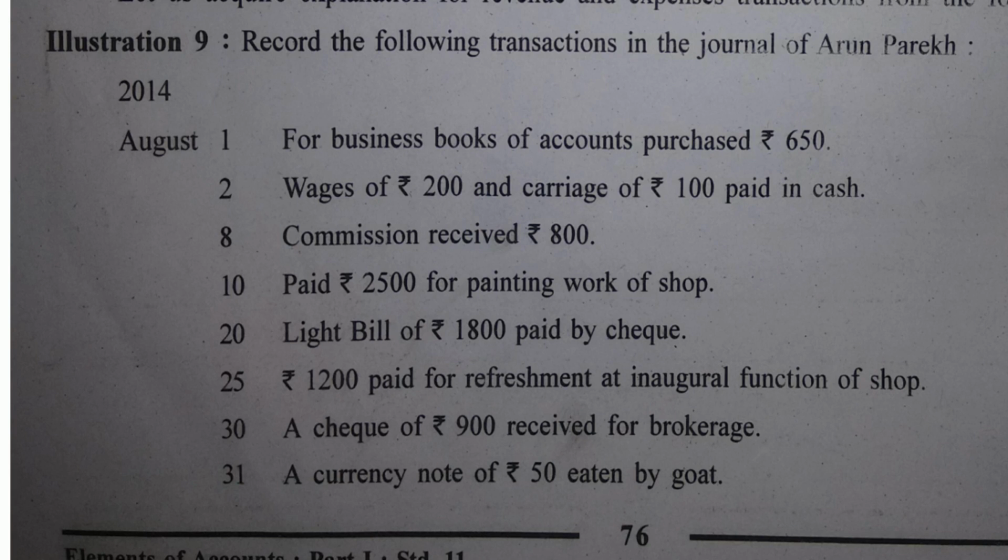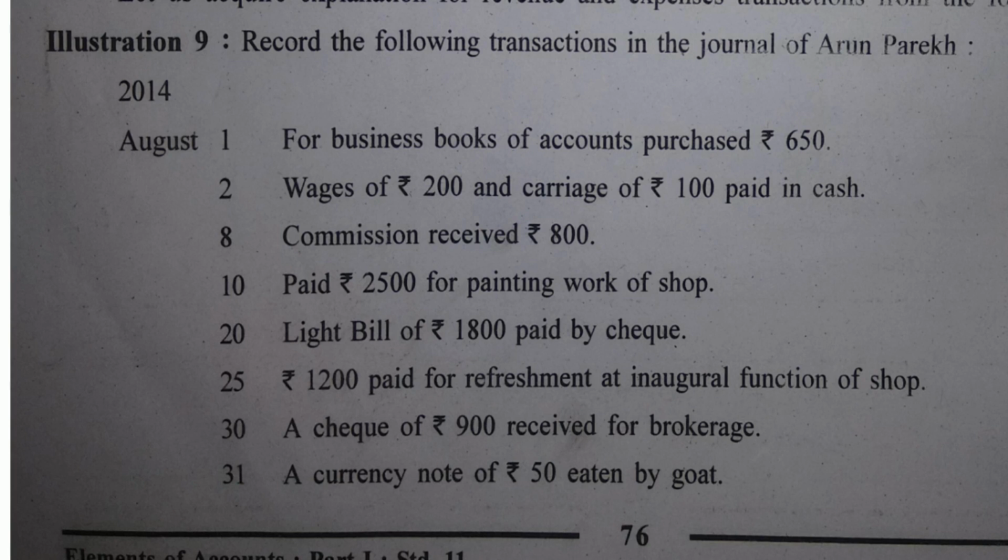So 2500 has been paid, cash goes out, credit what goes out. So the journal entry, maintenance expense account debit 2500 to cash account 2500. Expenses are to be debited as per the rule of nominal account, and cash goes out, credit what goes out.